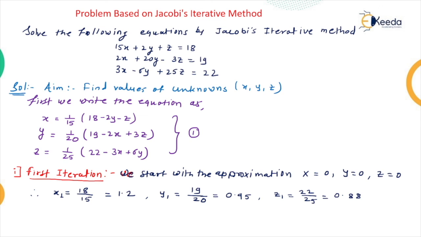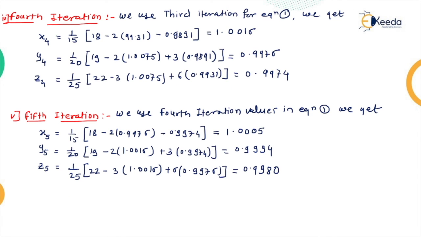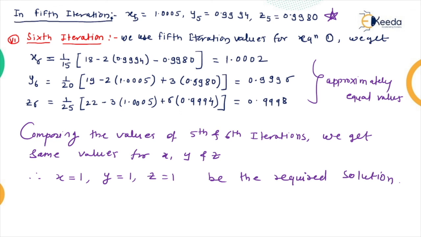You write the first x, y and z values from the given equations. Then take the first iteration, the second, third, fourth, fifth and sixth iterations, and in each iteration you use the most recent iteration values for x, y, z, until you get the same values in the two most recent iterations. Then the process stops, you compare the values of the two most recent iterations, and these are the final values of x, y and z.